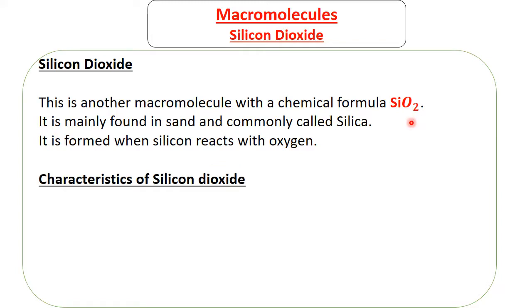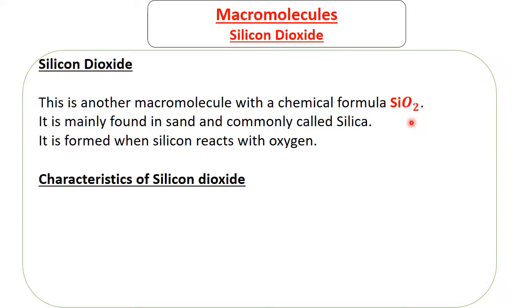Here are some characteristics of silicon dioxide. We're not going to take a look at its structure, but here are some characteristics. What is common between silicon dioxide and graphite and diamond is that silicon dioxide has the same behavior as carbon of forming many bonds with different elements, therefore forming what are called macromolecules.